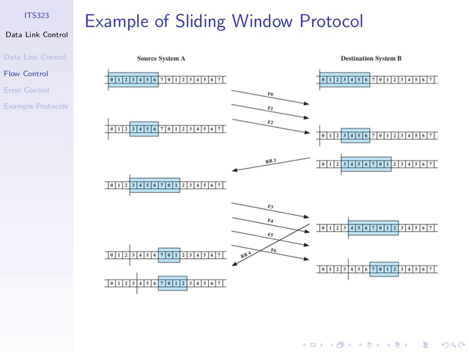So this vertical bar would move along to be between 6 and 7, and the blue rectangle would open up to include 7 frames. So window size 7. Window size at the source will also be 7. We can transmit another 7 frames because everything we've sent has been acknowledged at this point in time.